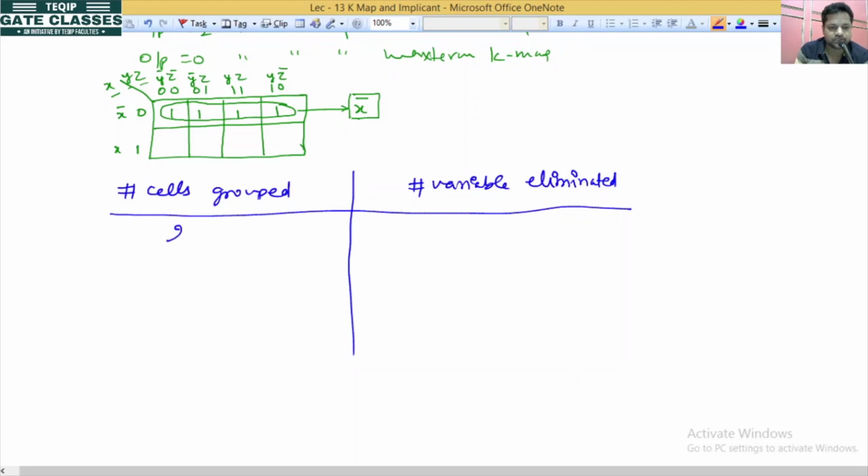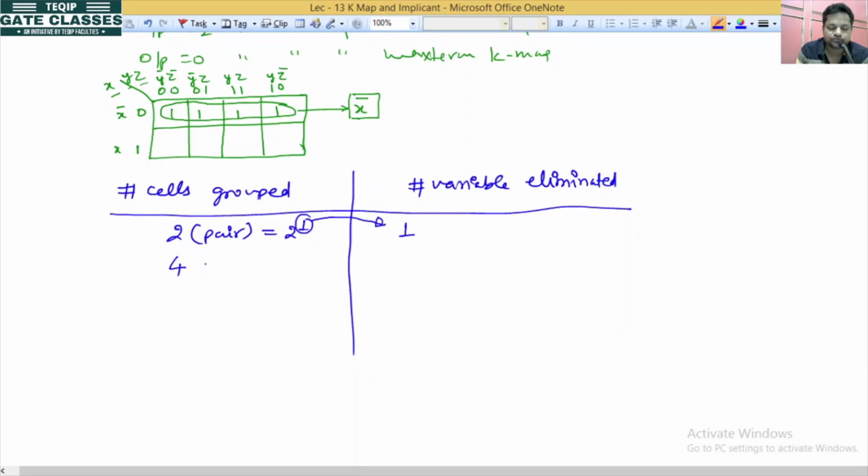If you group 2 cells, it is known as a pair. How many variables are going to be eliminated? 1. How do we get 1 here? We can write 2 as 2 to the power 1. So this power tells you how many variables are eliminated.